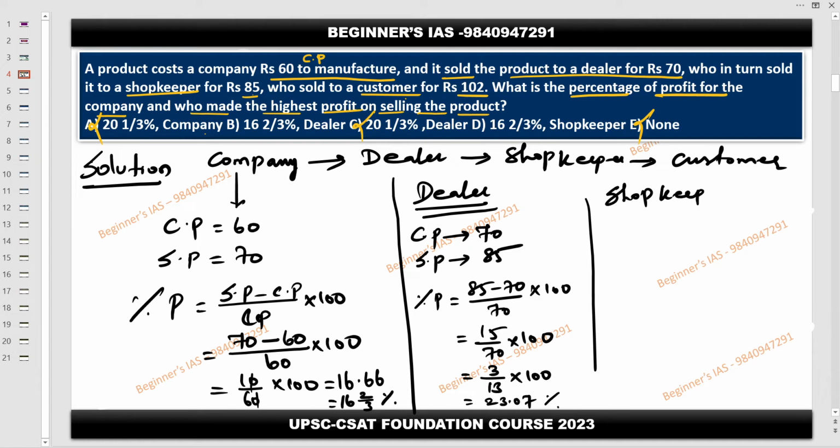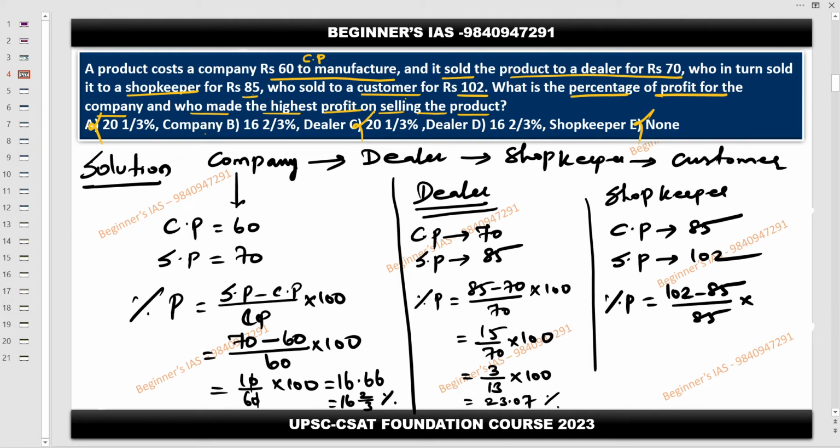Then moving to the shopkeeper. For the shopkeeper, this selling price will become the cost price. Then what is the selling price for the shopkeeper? 102 rupees. Then percentage profit is equal to what? (102 minus 85) by 85 into 100. So this is nothing but 17 by 85 into 100.